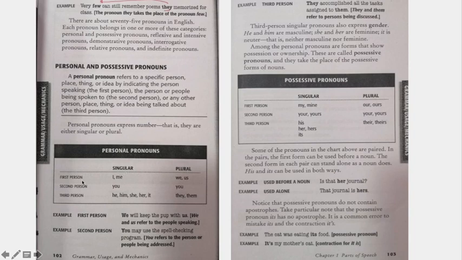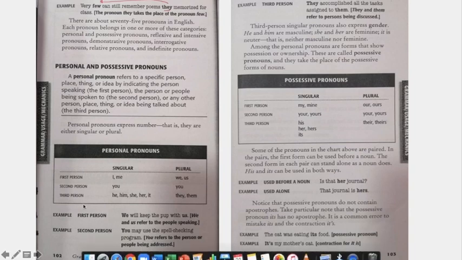Take for example, the first person singular personal pronouns: I and me. Then the first person plural is we and us. So what we did is we just pluralized the first person singular. That's the point, because there is a singular form and a plural form.